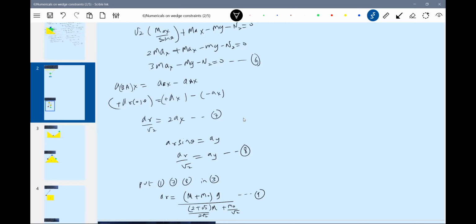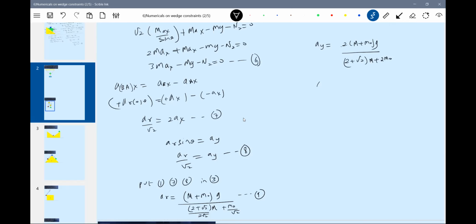I will write down acceleration AY is equal to, it's very simple. After getting AR, you do one thing, just substitute here, you get AY. Substitute here, you'll get AX. Okay, this will be AY equal to 2m plus m naught g by. Now what about AX?